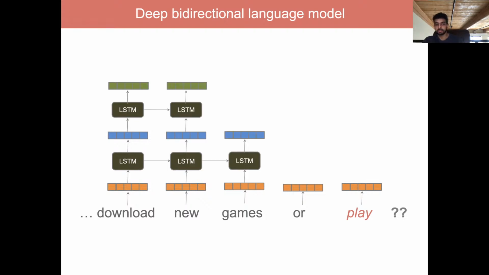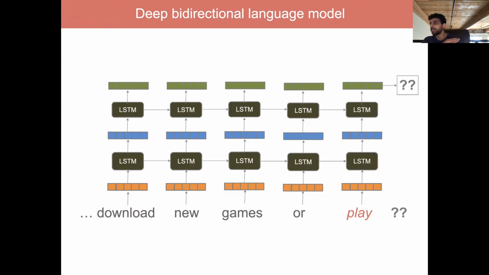And so this is why if I train just a left to right language model, each of these representations has seen only the words that occurred in the past. But if I additionally train the reverse direction, then I have another model that is still in the language modeling setting, not cheating by seeing more words than it should.